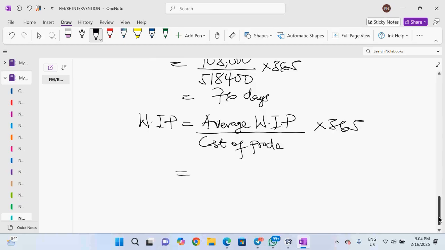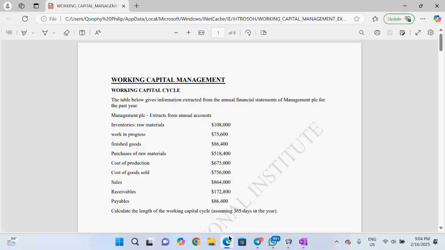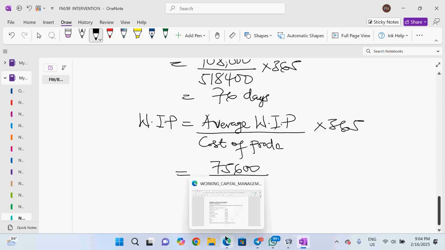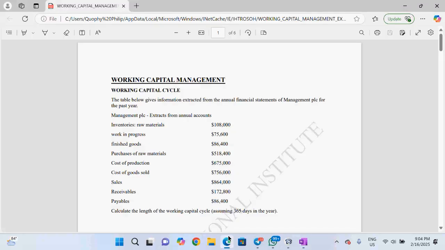So what is the average work in progress? Let's locate that. Work in progress is 75,600. All over what is the cost of production? The cost of production is 675,000.